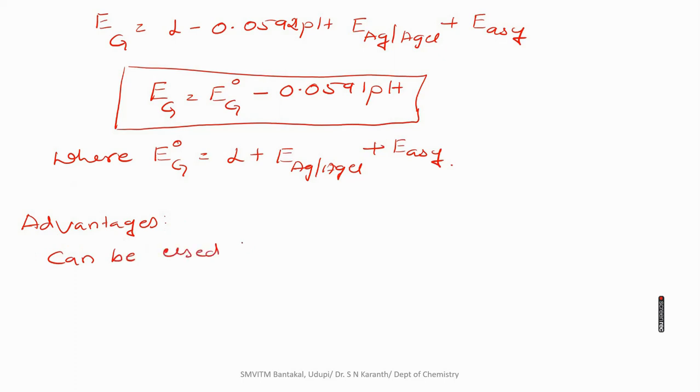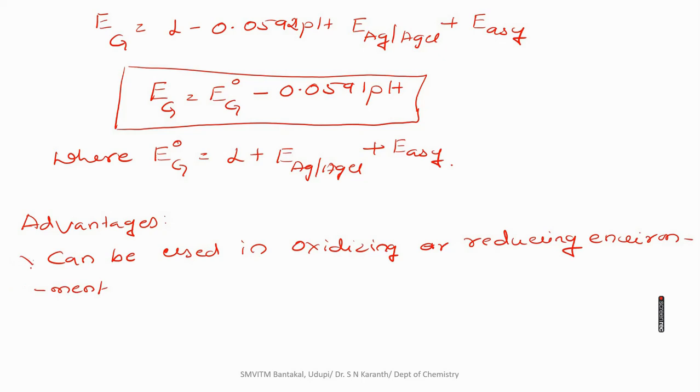So what are the advantages of this electrode? The main advantage of this electrode is that it can be used in an oxidizing or a reducing environment. It can be used even in the presence of an oxidizing agent or a reducing agent. Then the other thing is the electrode does not get poisoned.